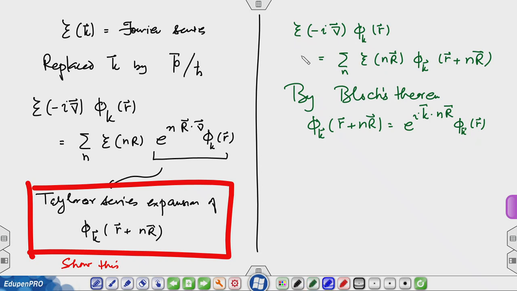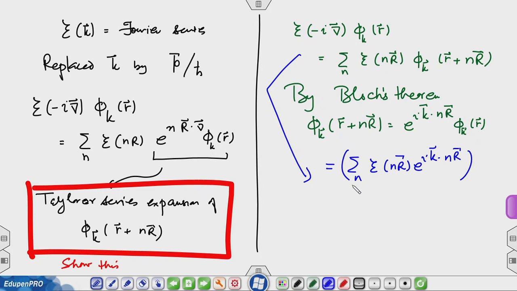And therefore, this thing becomes equal to summation n E n r e raised to I k dot n r, summation over n is only here, phi k r. But this is E k, phi k r.